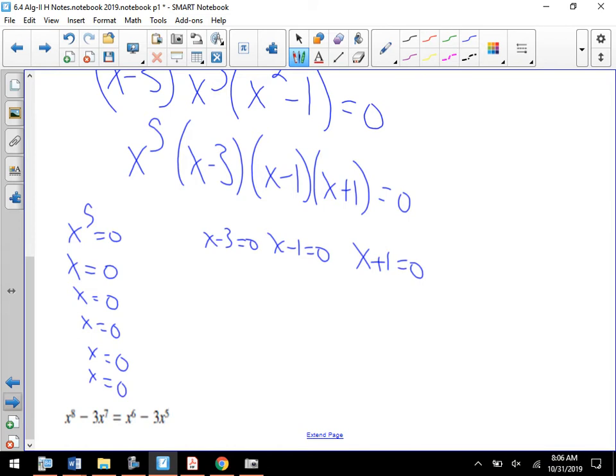If I do x squared plus 6x plus 9, if I factor that, what do you get? X plus 3. X plus 3. Where are your zeros for that? Negative 3. So it's when x equals negative 3, and it's twice, right?